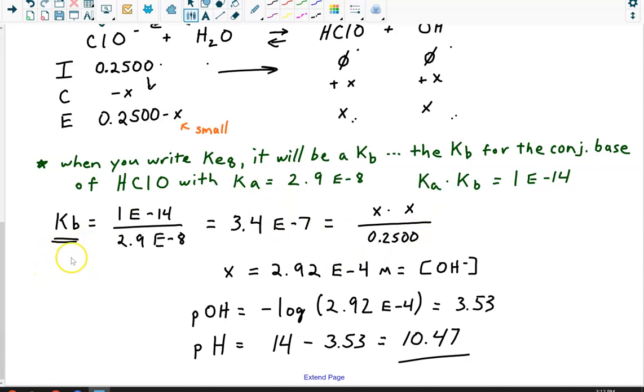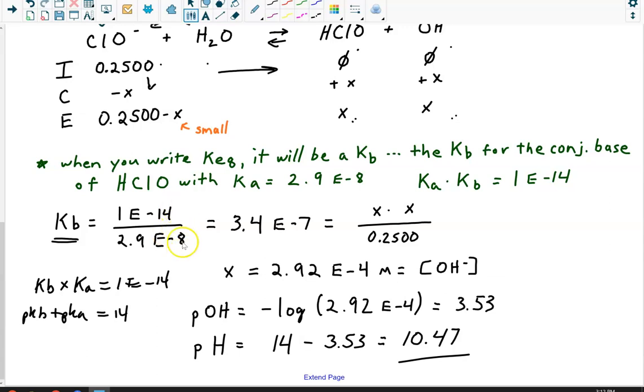So remember, how do you find Kb? Well, Kb times Ka equals 1 times 10 to the negative 14th. That's one of the equations they give you, just like we know that pKb plus pKa equals 14. So you first solve for the Kb. Again, it's Kb because all that's present is a conjugate base. So the equilibrium is based on the equilibrium constant of ClO minus, which is the Kb because it's a base.